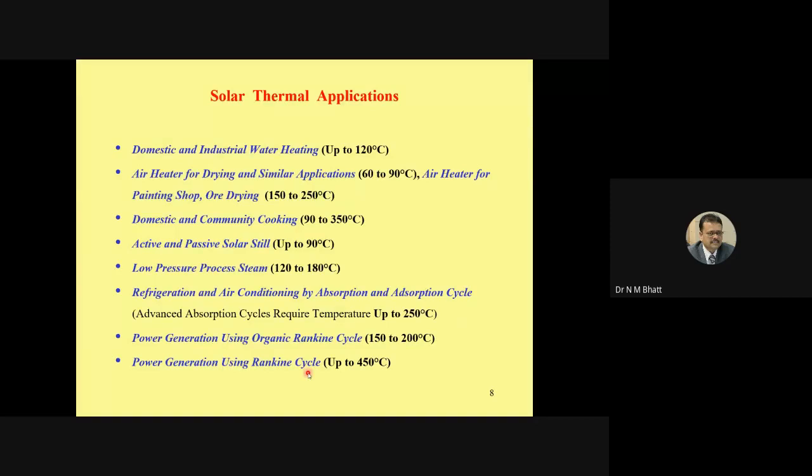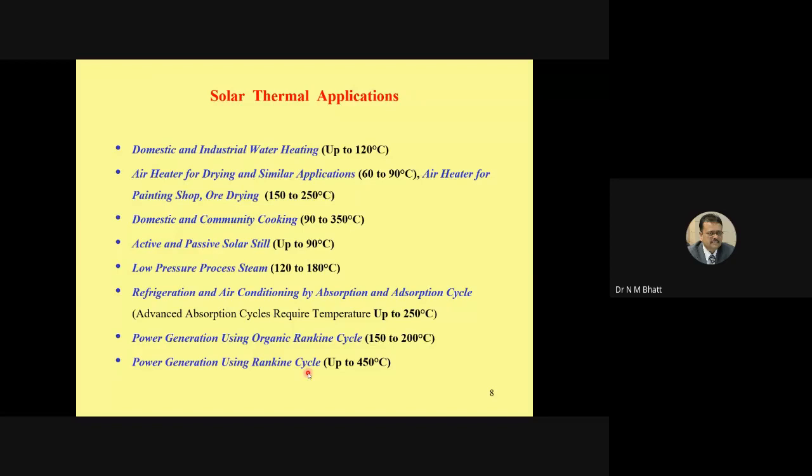Of course it can be operated at lower temperature, but at lower temperature also the gain in efficiency may not be as high as you predict by changing the design parameters. That we will also see in one of the slides.